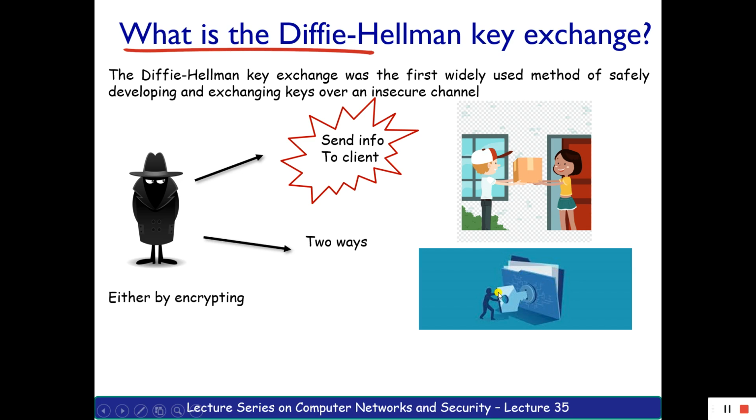I can take the key, encrypt the key and send it to the receiver. If you consider the example of a symmetric key, there is only one single key between the sender and receiver. The sender has to send that particular key to the receiver. Now I can encrypt that key and send it.